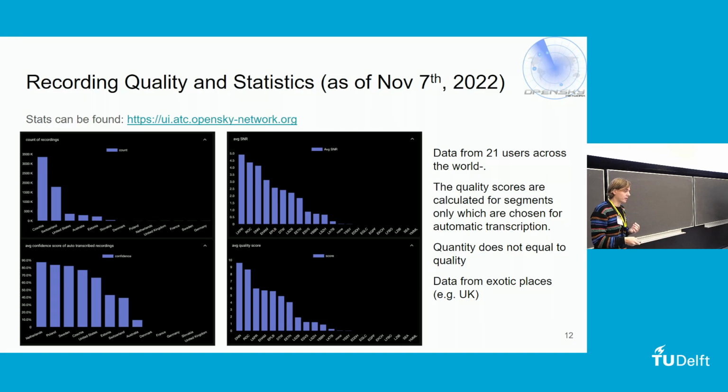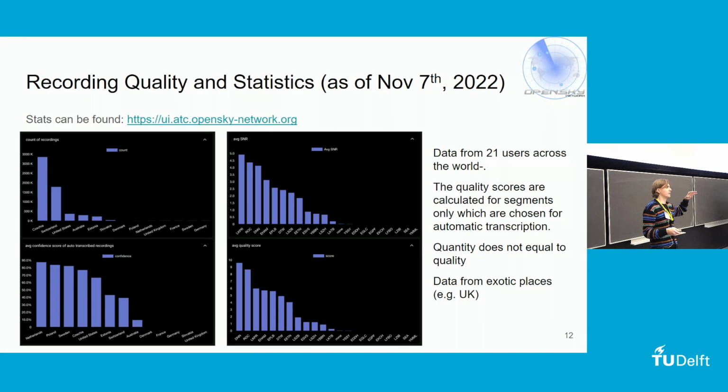And about the quality, lower here is the average confidence score, showing how confident the annotation platform is in its accuracy. And these are calculated on those. So there is a signal to noise ratio threshold.